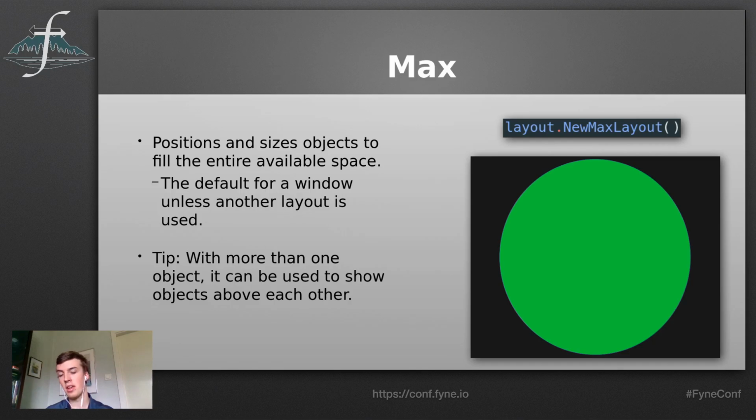And again, with what I said before about how space is allocated from the top down, you can't put a max layout inside a container several positions down, because it's not going to take up all of the window when it is inside a container that only has a set amount of that window available to draw in.